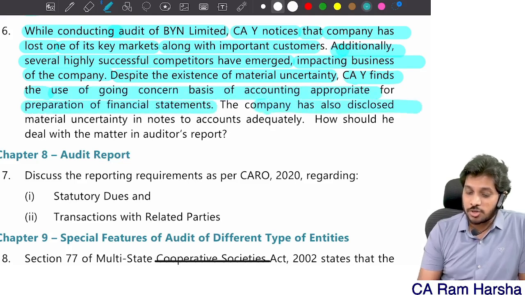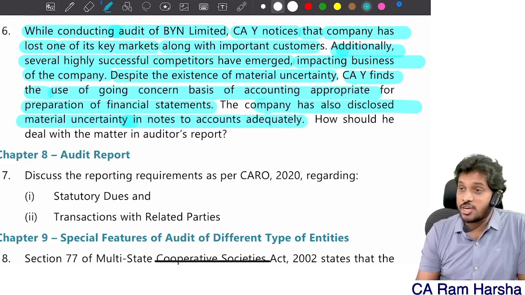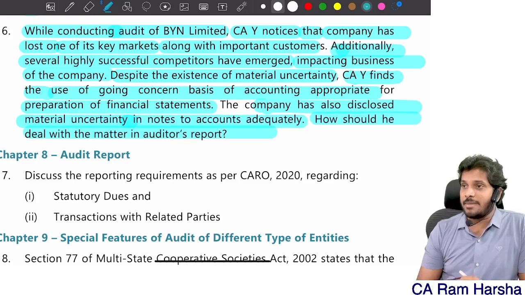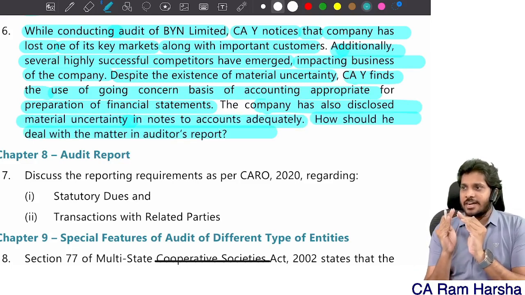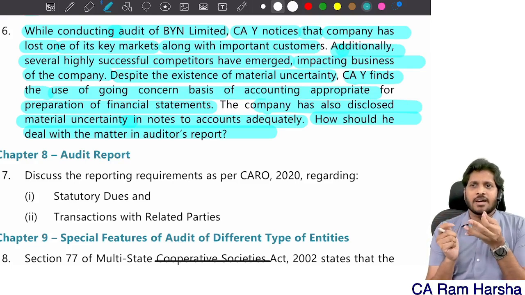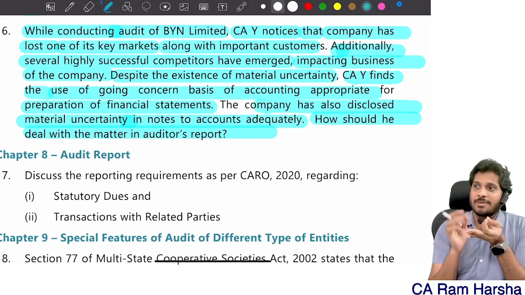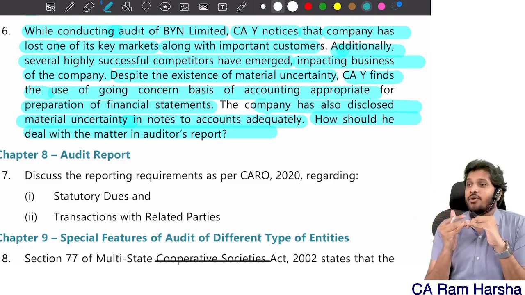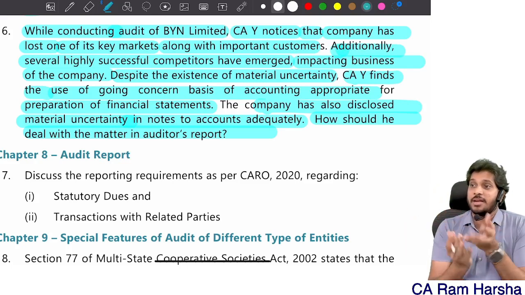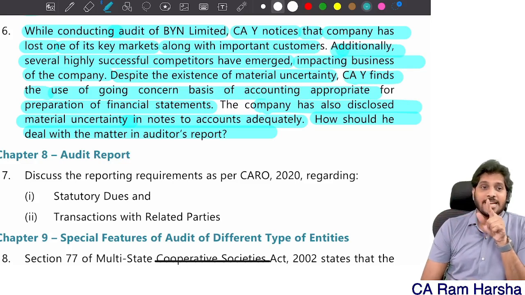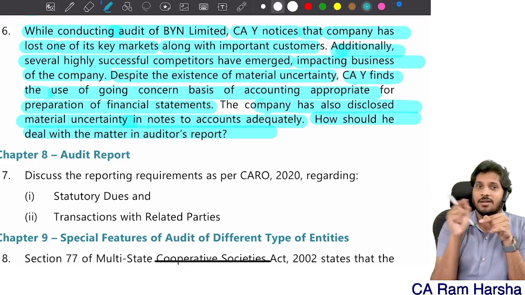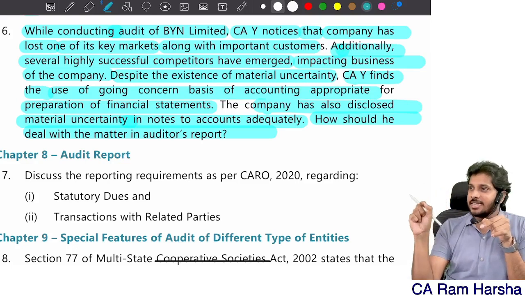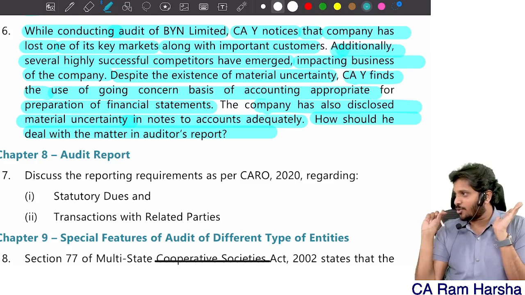The company has also disclosed the uncertainty in the notes adequately. How should we deal with the matter? These situations cast significant doubt on the entity's ability to continue as a going concern. Since the entity has disclosed the material uncertainty adequately in the financial statements, the auditor will express an unqualified opinion and draw the attention of the users to that material uncertainty in the audit report under the material uncertainty related to going concern section.